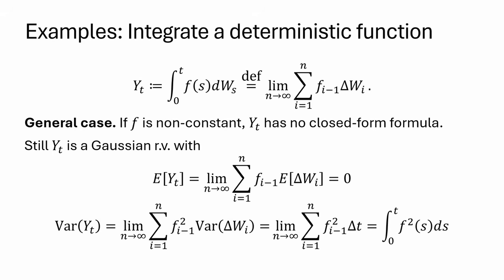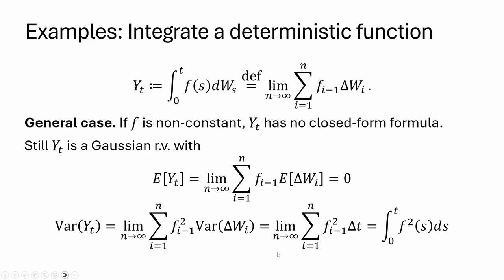Next, the variance of y_t. Since delta w_i's are IID, the variance of the sum is just the sum of the variances, and the scaling factor f_{i-1} needs to be squared. So the variance of y_t is the limit of the sum of f_{i-1} squared times the variance of delta w_i. By the definition, the variance of delta w_i equals the sub-time interval, which is delta t.